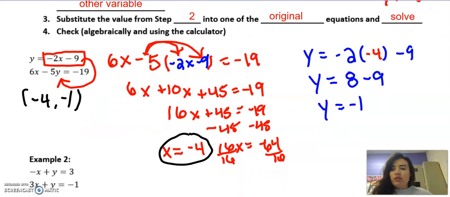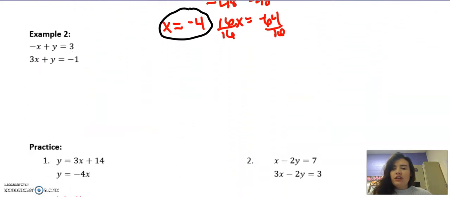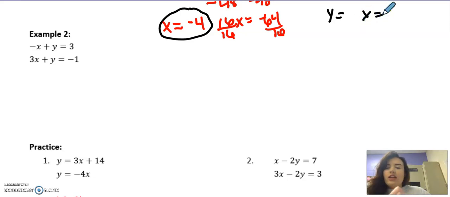Okay, now example 2 is going to look a little different. We know step 1, we have to have a y equals or an x equals. So looking at this, we have to choose which variable do we want to solve for and which equation do we want to use. So I'm going to pick the top.